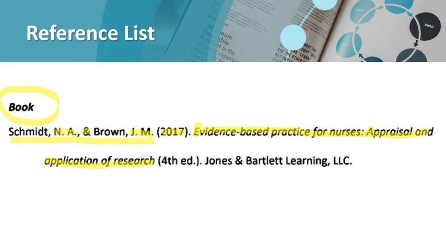And then followed by the edition inside the parentheses, and then followed by the publisher. Take note, you do not need to include the publisher's location or the database where you have retrieved it if it is taken from the book.